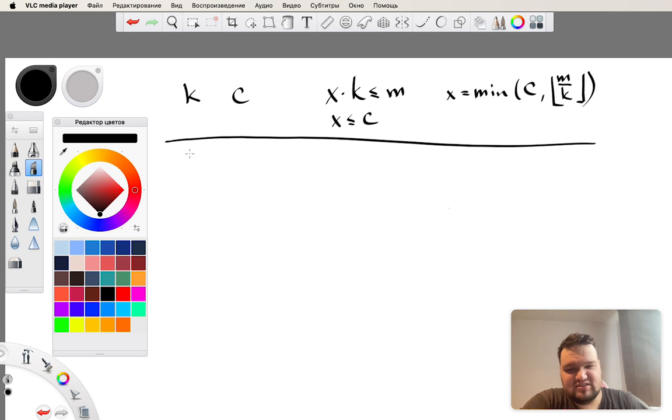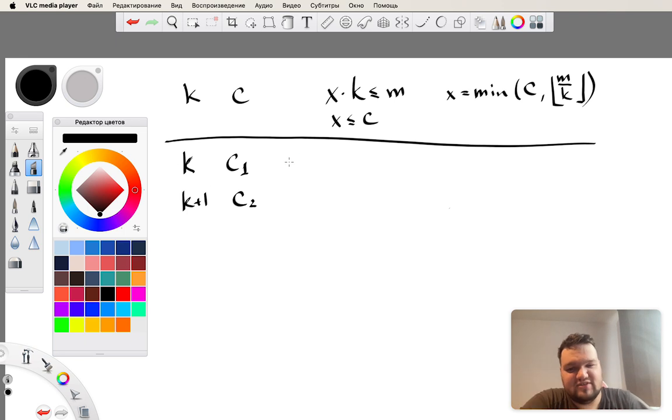So the harder case would be we have c1 flowers with k petals, and we have c2 flowers with k plus 1 petals.